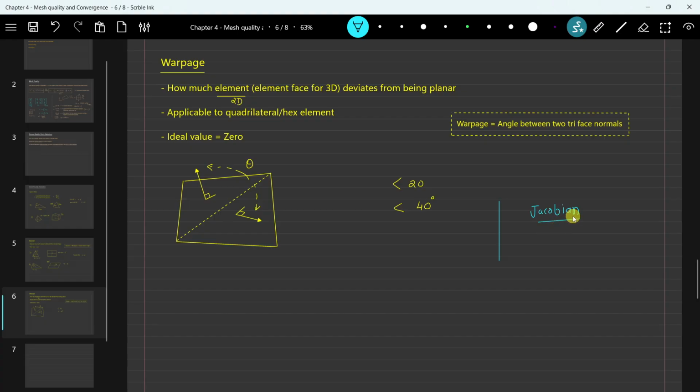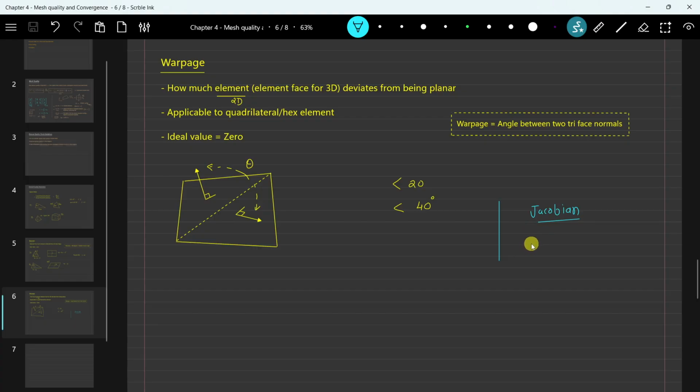Very few softwares show the Jacobian. The Jacobian is basically the collapse indication of the element. It is an overall definition; it also defines shape factor, size factor, and collapse. So Jacobian is also a very important quality parameter.